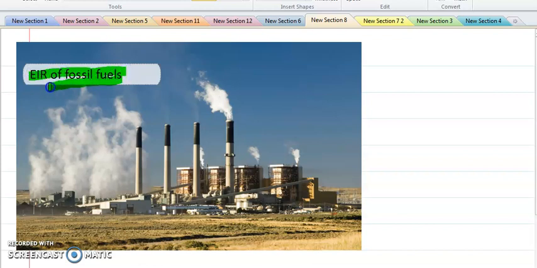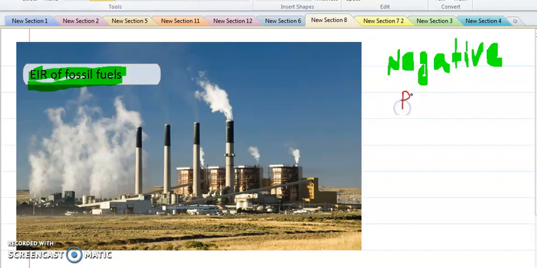Before talking about the EIR of fossil fuels, you just need to recall the previous lesson where we talked about the rules for EIR. We discussed that the EIR of any activity can be negative, or it can even be positive, or it can be neutral.